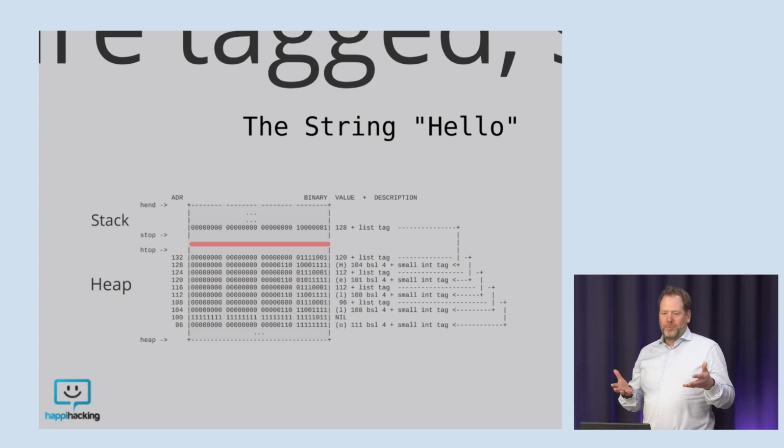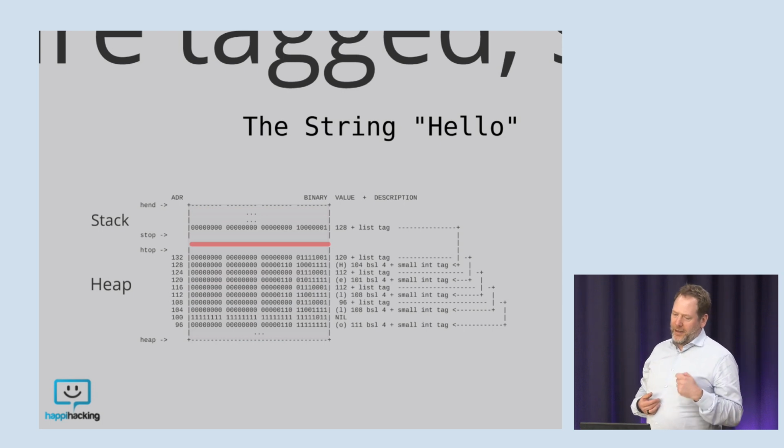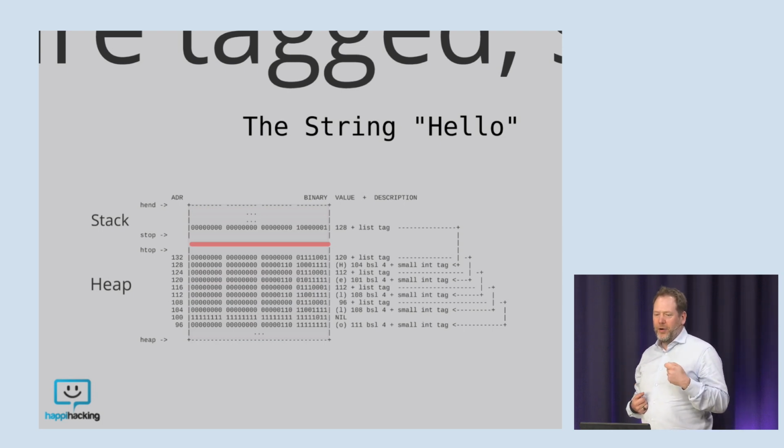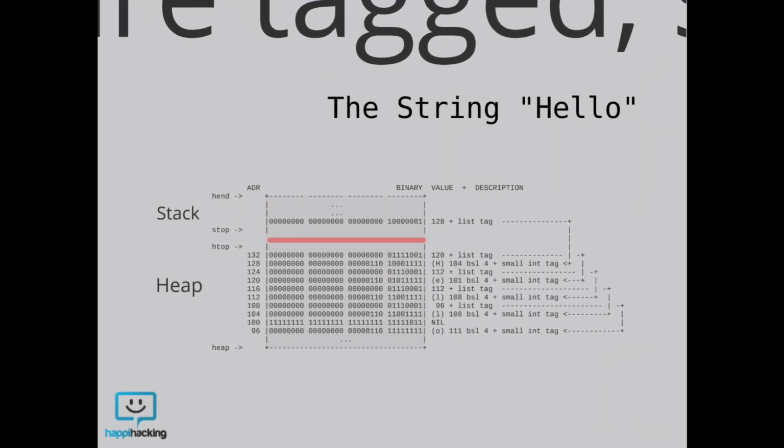So a string in Erlang is a bit special. It's one character per element in a list, needing 2 words on the heap per character in the string: one for the character and one for the pointer to the next element in the list.